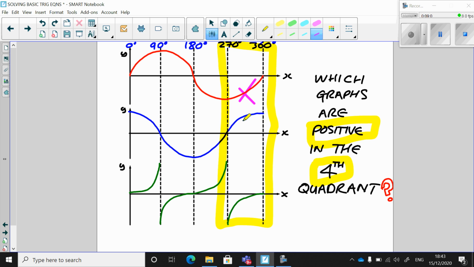In the cosine graph, that's above. In the tangent graph, it's not above, so it's below, so that doesn't count. So it looks as if the winner is cosine. Cosine is the only one that's positive in the fourth quadrant.